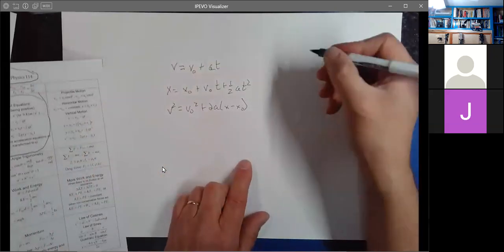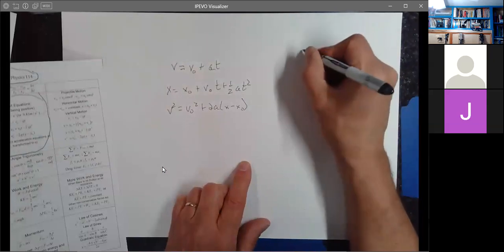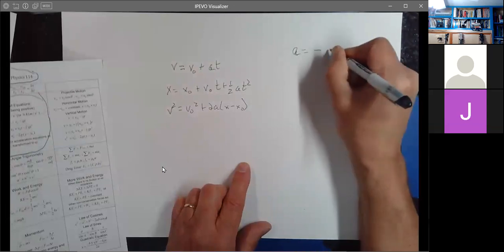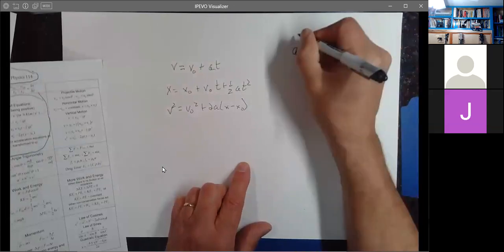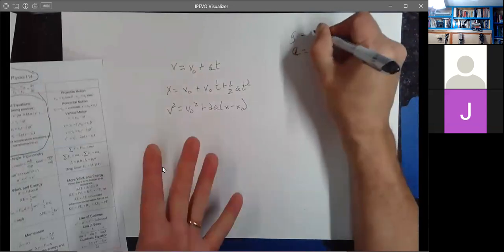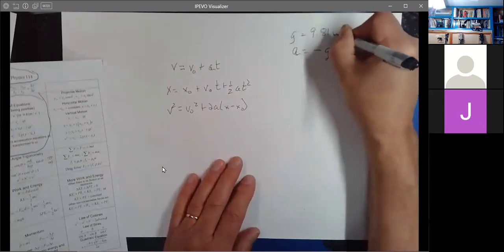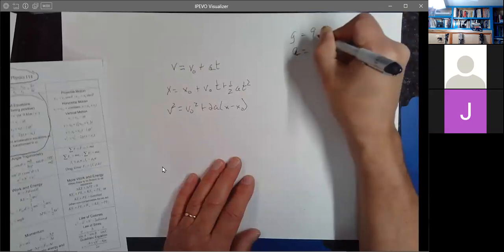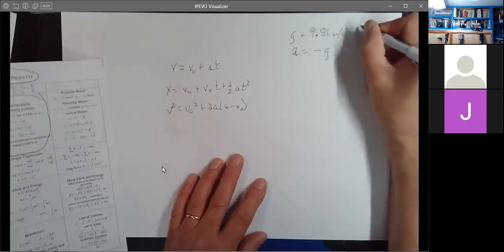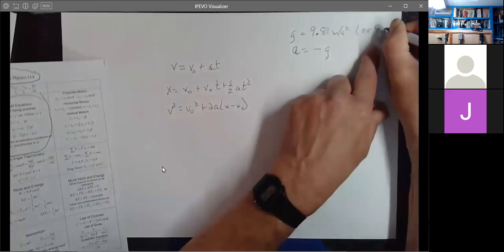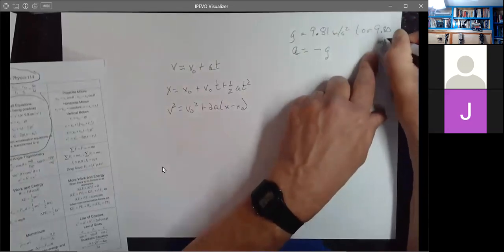With free fall, the acceleration is always going to be minus g, and g by itself, I tend to just write out of habit 9.81 meters per second squared. Your textbook most of the time uses 9.80 meters per second squared.